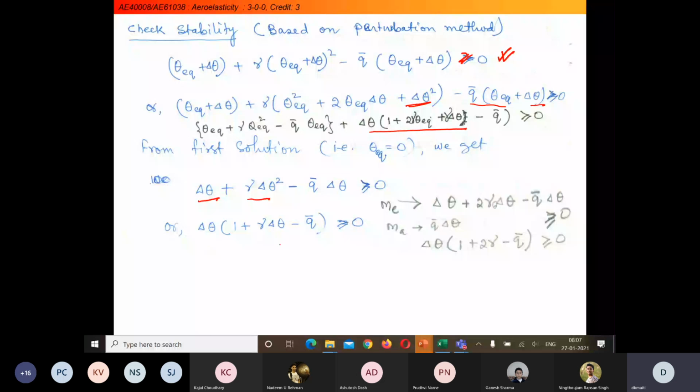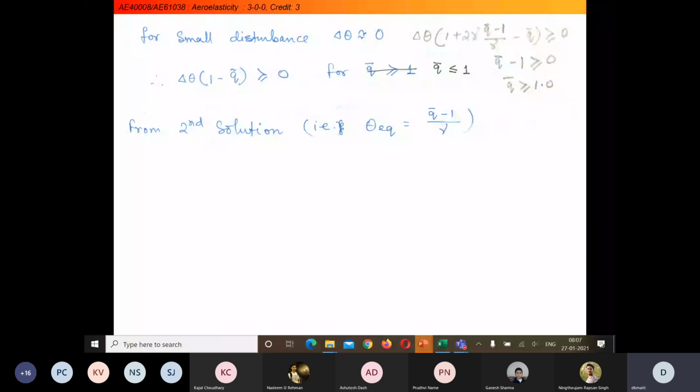So we get a stability condition when q bar is less than or equal to 1. Under this quadratic form of structural stiffness that we have considered, if q bar is less than or equal to 1, we get stability of the system.